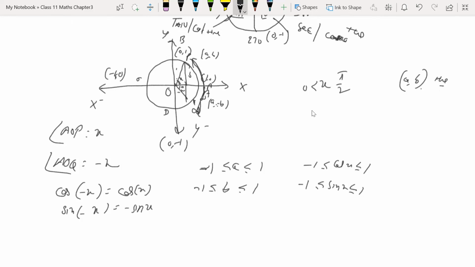But in the second quadrant, pi by 2 to pi, A is negative and B is positive. In the third quadrant, A and B both are negative.